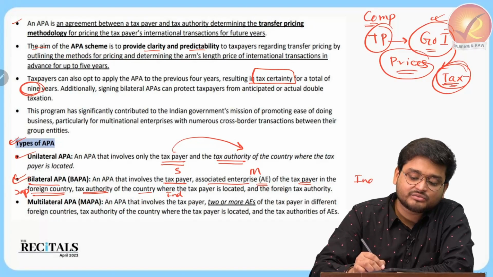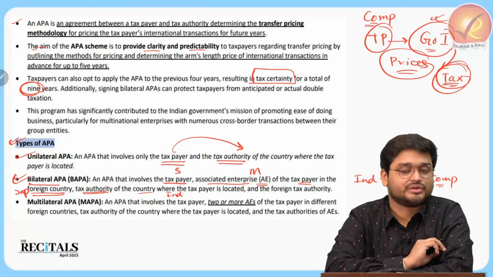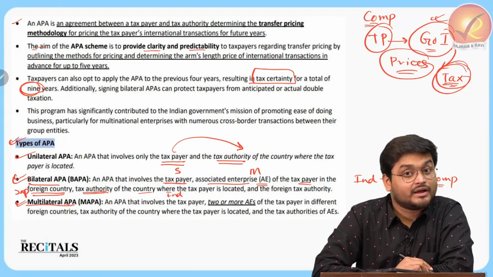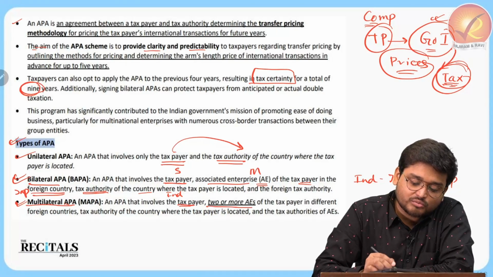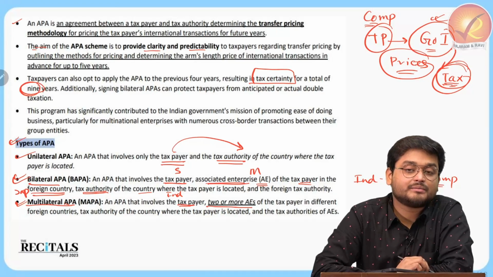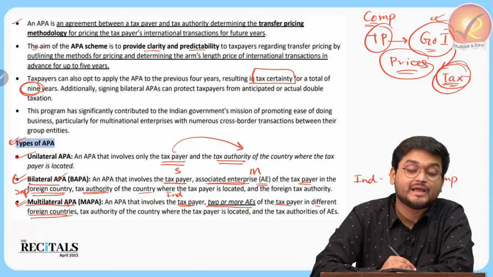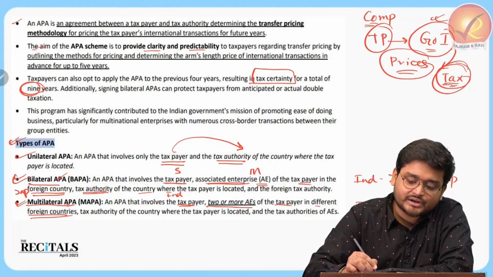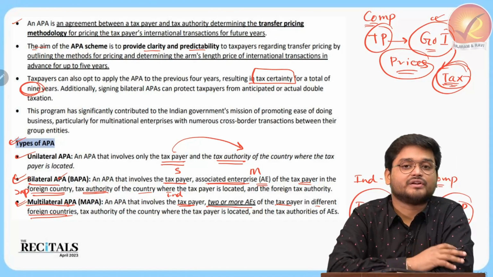That means generally this will be between India, Japan and the company, Maruti Suzuki. Then there will also be multilateral advance pricing agreements, which concern the taxpayer, the company, two or more associated enterprises, and the taxpayers in different foreign countries. The difference between bilateral and multilateral is that this will be with India and different companies, or many other companies also, right? So this is the difference, correct?